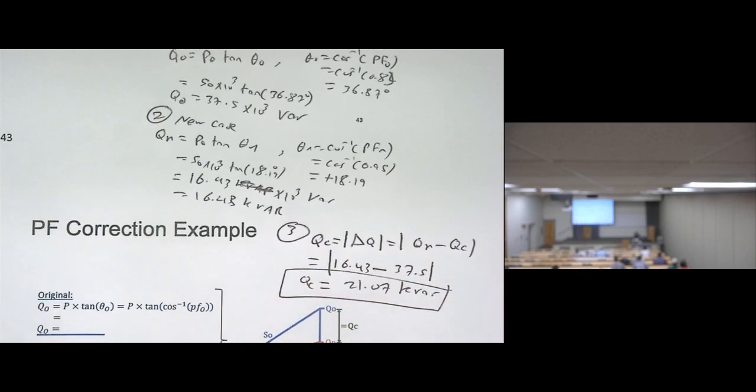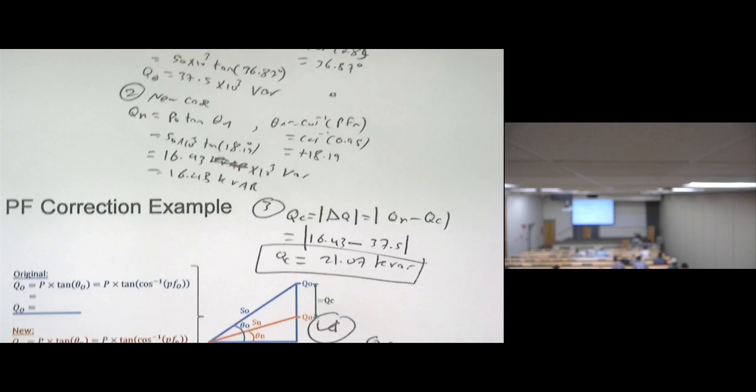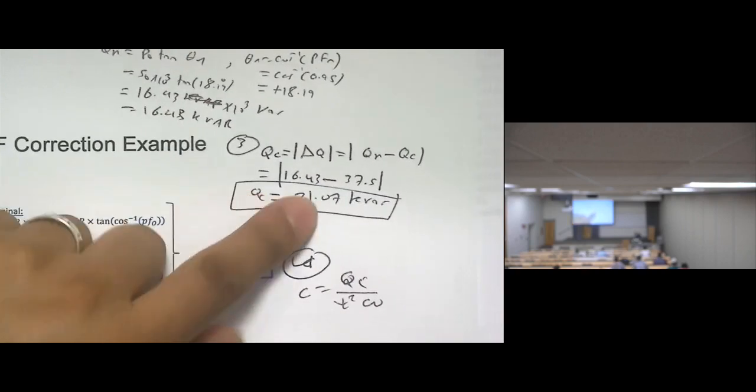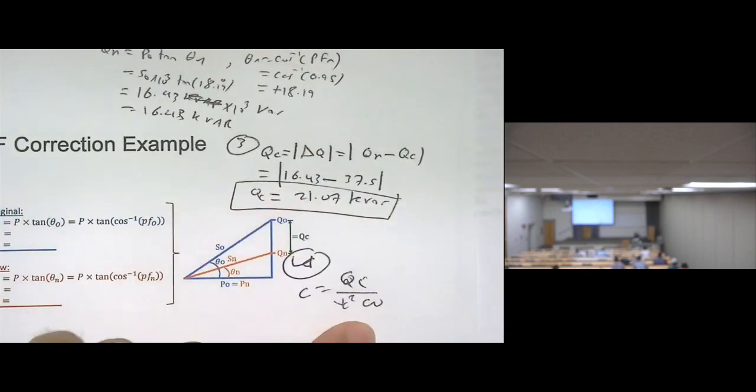Okay? The last step, how to find C, which is step number 4. We'll say that C equals QC over VC squared times omega. QC, we already calculated it here. How about omega?